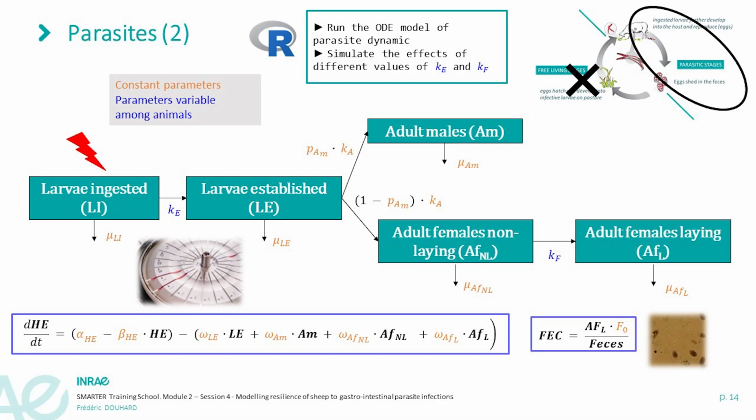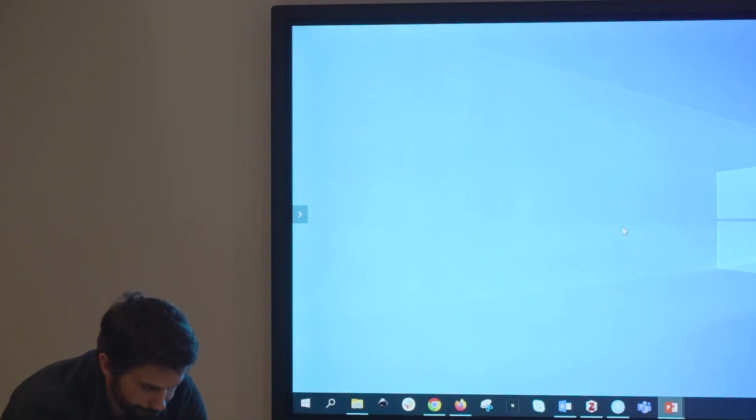And it's also controlled at the level of mortality, but we won't consider this option. So we'll only consider individual variation in terms of parasite establishment and in terms of parasite fecundity. So now we can jump to the model in R, and we'll try to run this one and see the effects of different parameter values for these two parameters. Okay?